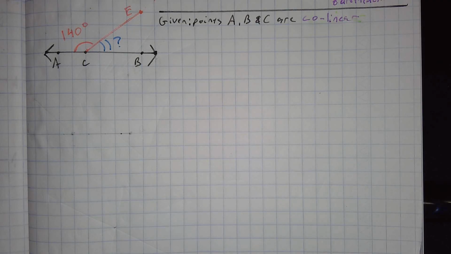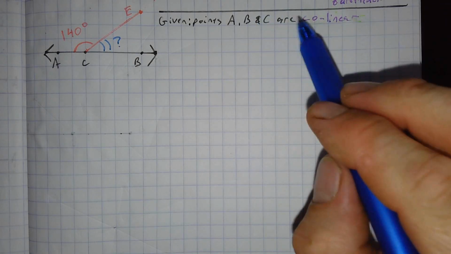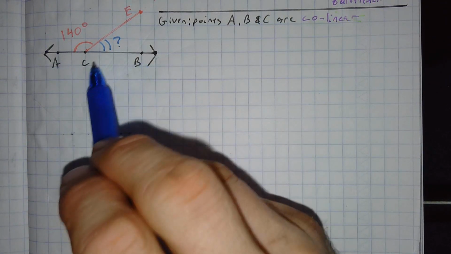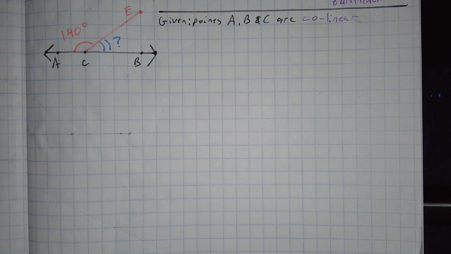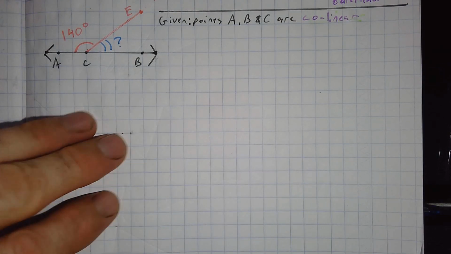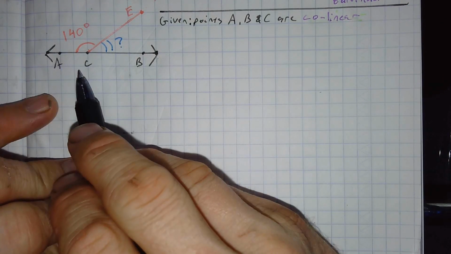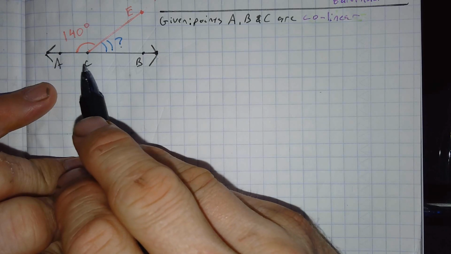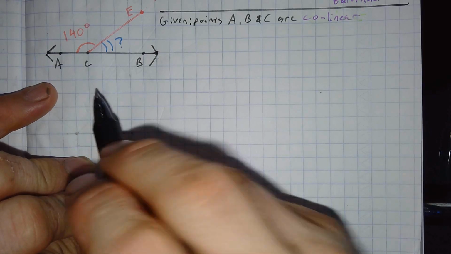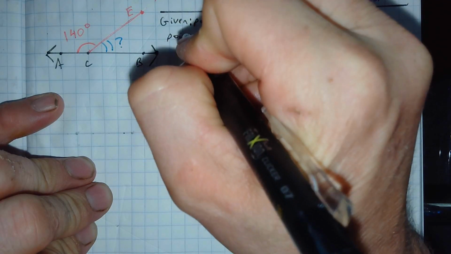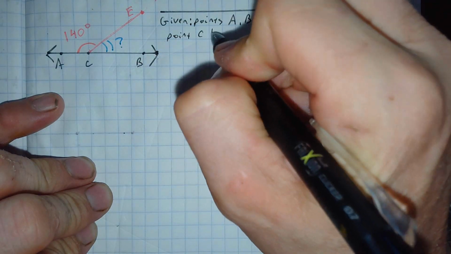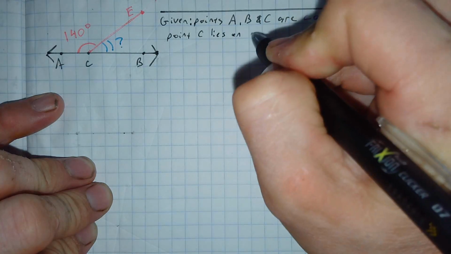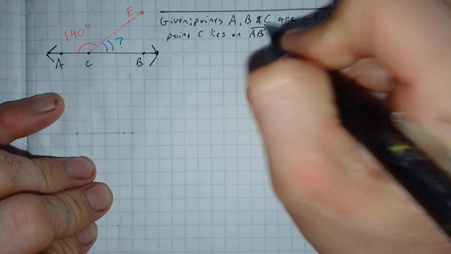So first thing it says is that given points A, B, and C, points A, B, and C are collinear. A, B, and C are all on the same line. Okay, because those are all on the same line, or another way this could be written is, point C lies on line AB.